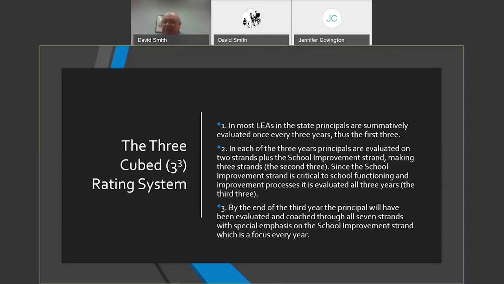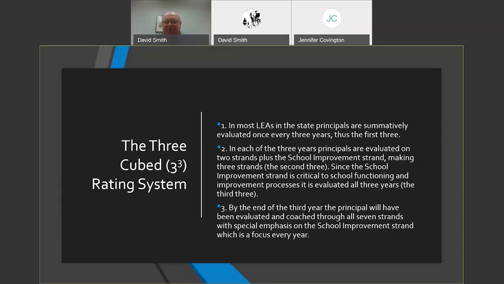The next year, we would choose 2 different strands, say ethics and ethical behavior and equity in education. We would choose those 2 and the school improvement plan. And then in the 3rd year, we would do the 2 strands that hadn't been done yet, plus the school improvement strand. So by the end of the 3rd year, the principal will have been evaluated and coached through all 7 strands, with a special emphasis on that school improvement strand.